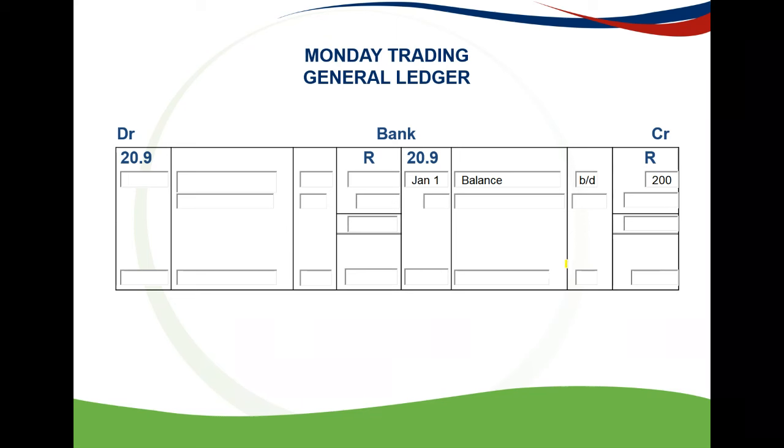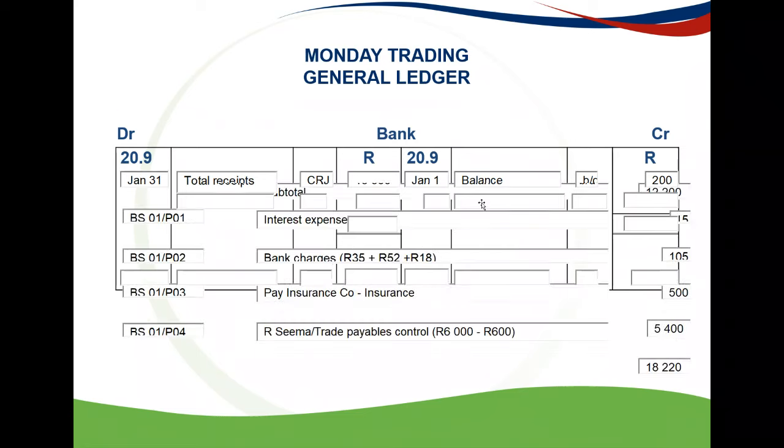So at the end of the month, January the 31st, I will have my total receipts, and they will come from my CRJ, my cash receipts journal. That's what I put here in my folio column. It tells me from which journal it comes. And the amount is 15,550. Okay.